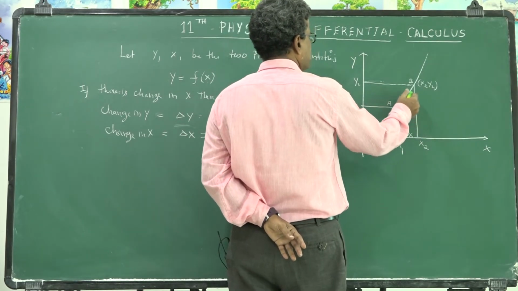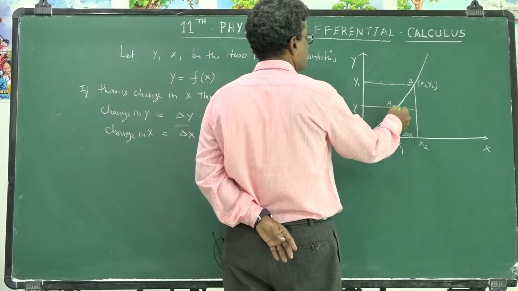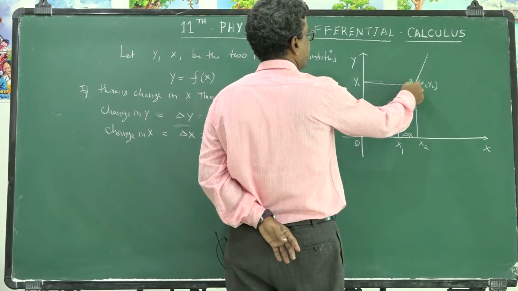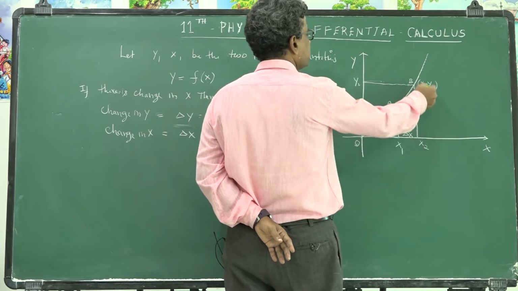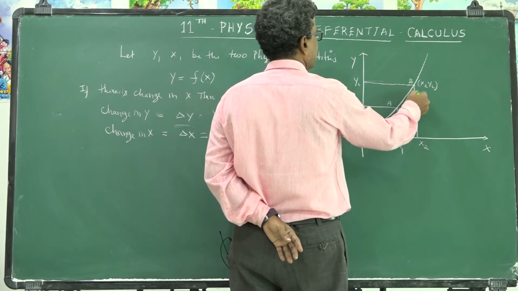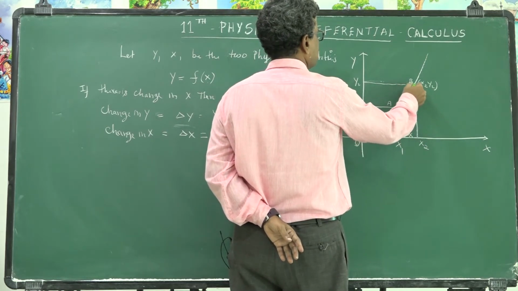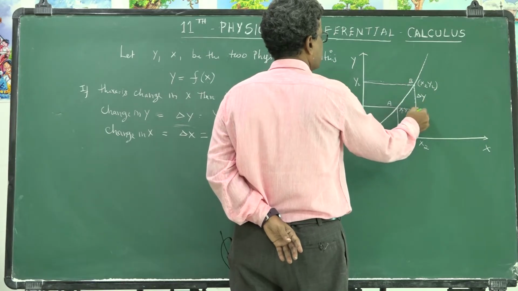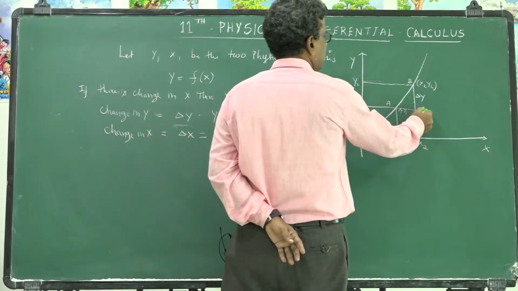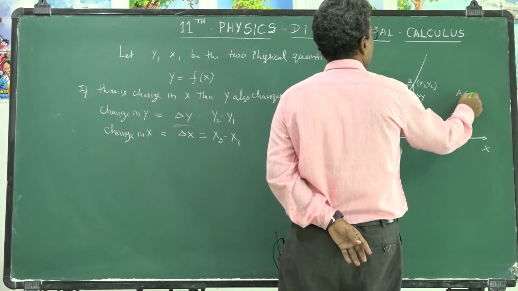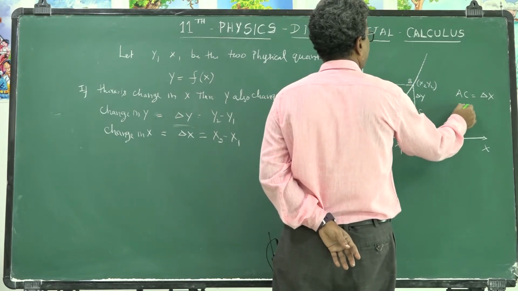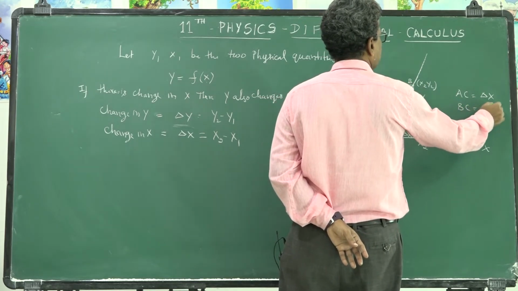This coordinate is y1, and this vertical component is y2. So y2 minus y1 becomes delta y. Let C be the point such that AC is delta x and BC is delta y.